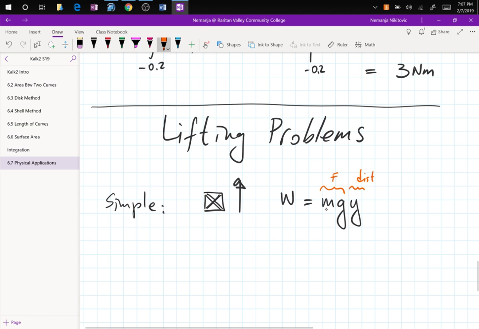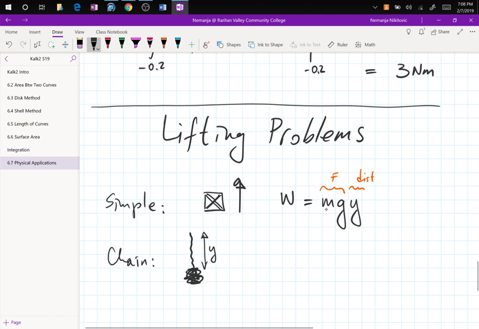Good enough. Now we want to complicate things because we want to lift the chain. Chain sits on a pile, and then we lift some of it up. So the distance that we are covering is y, and what is changing?